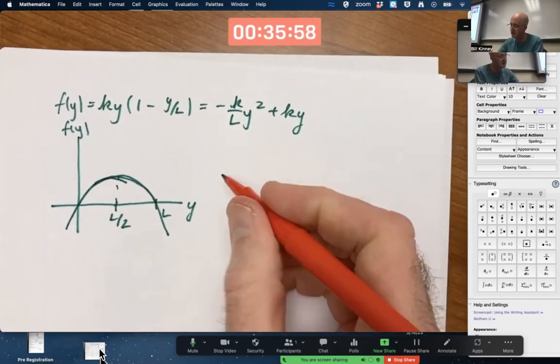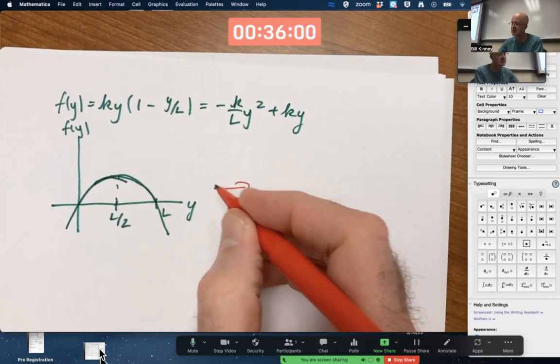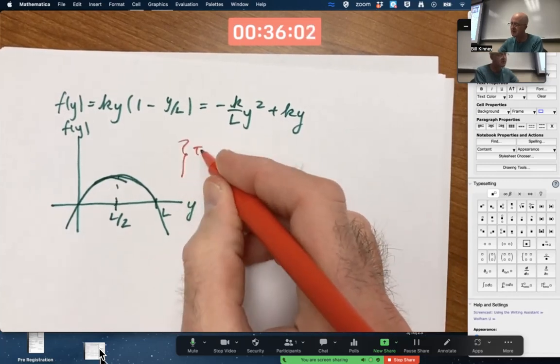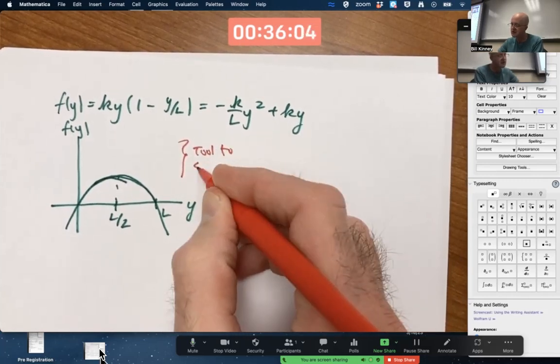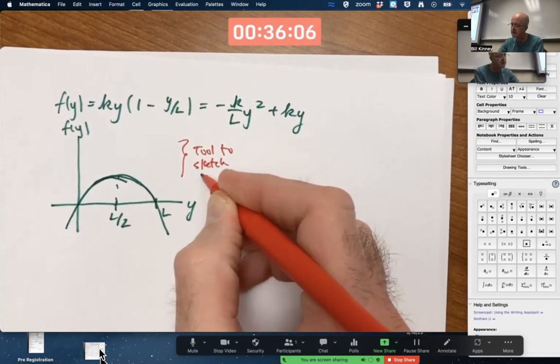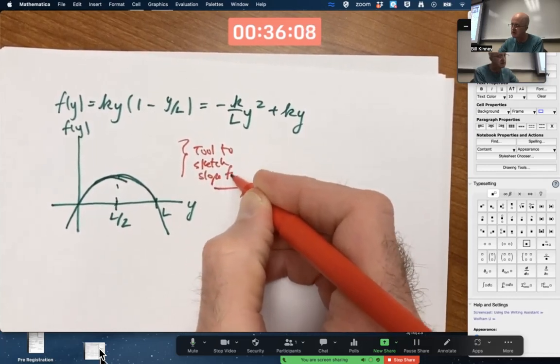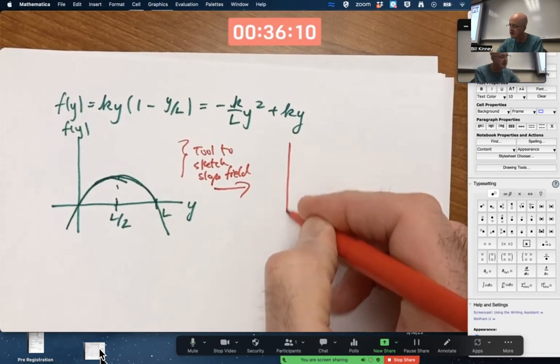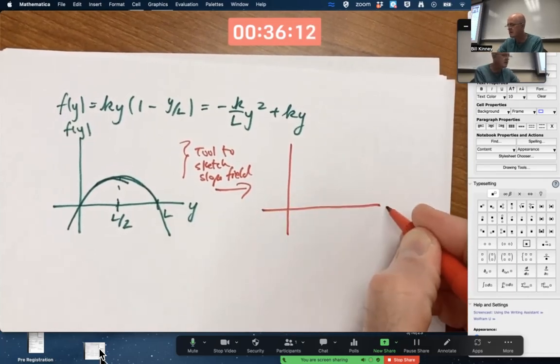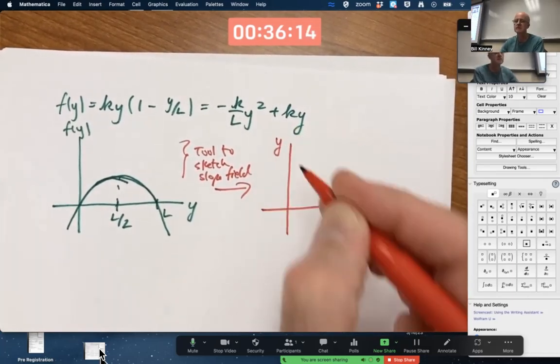This can help me draw the slope field. This is a tool to sketch the slope field in a plane where t is horizontal and y is vertical.